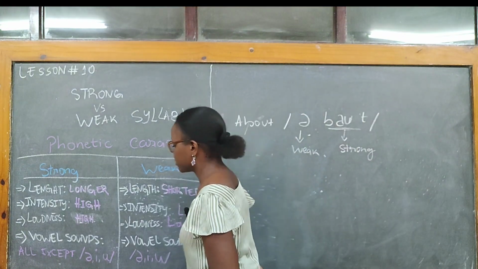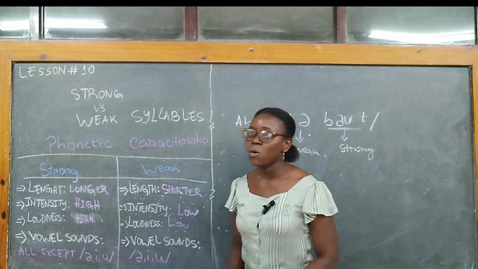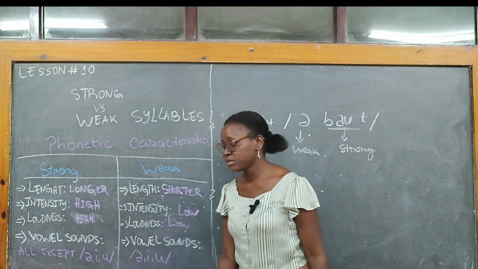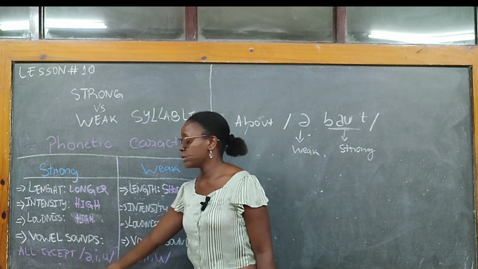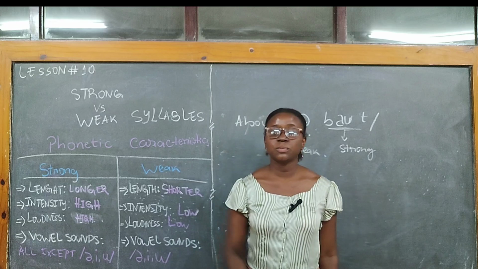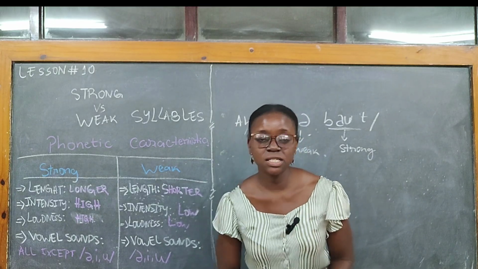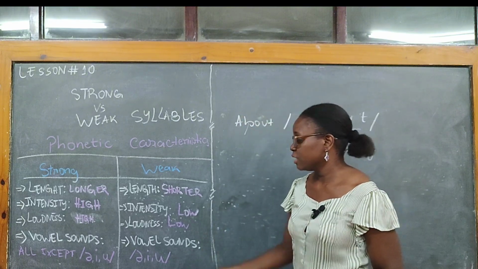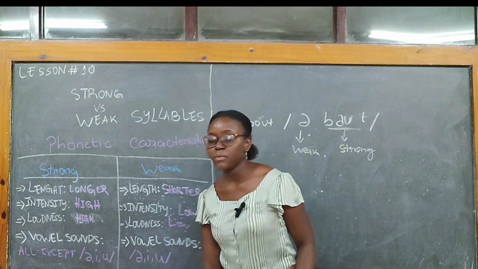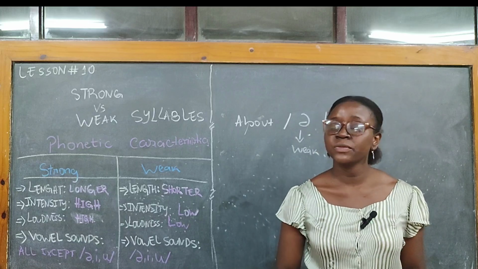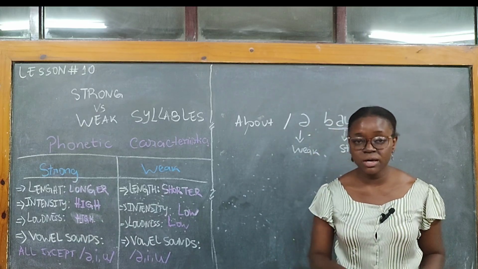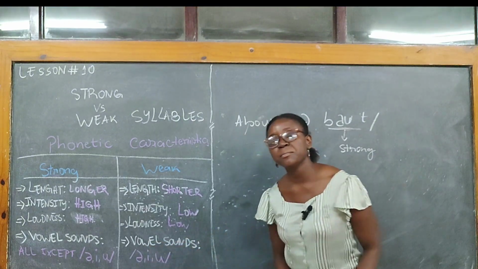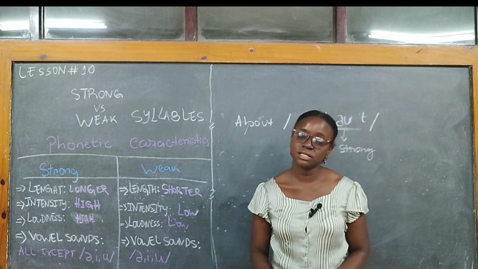A strong syllable can take all or most of the vowel sounds except the schwa sound, the short i and the short u. These sounds do not provide higher intensity, loudness, and longer length, which means that if we are before these vowel sounds, we are not before a strong syllable, but rather a weak syllable. These sounds make a syllable be considered weak.